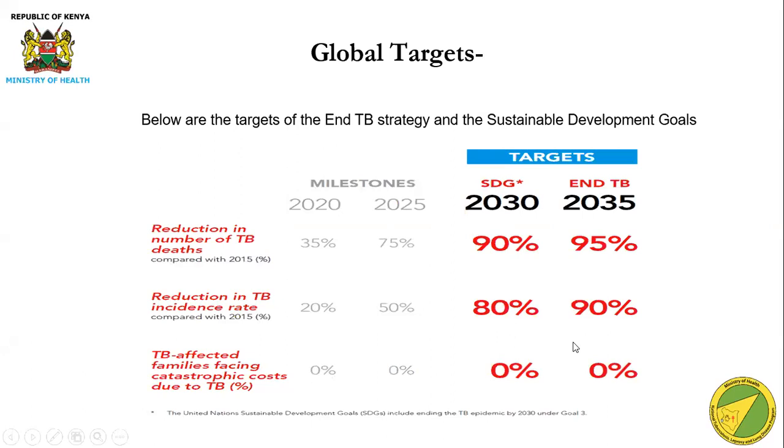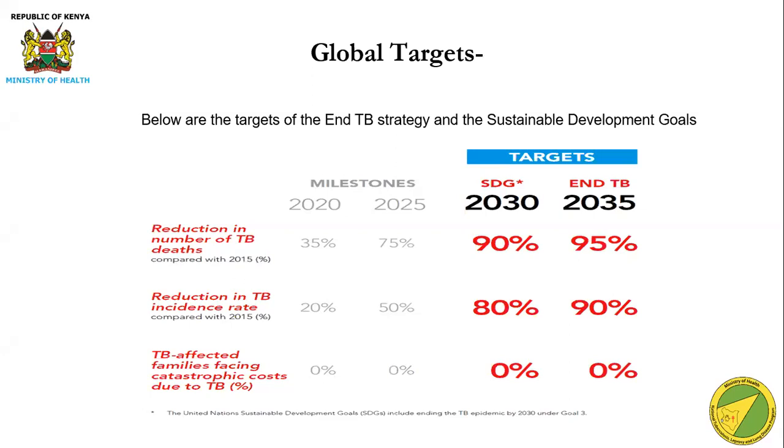In Kenya currently, TB treatment is free in all the public health facilities, but there are other indirect costs that probably hinder patients from accessing these services, such as transport costs.